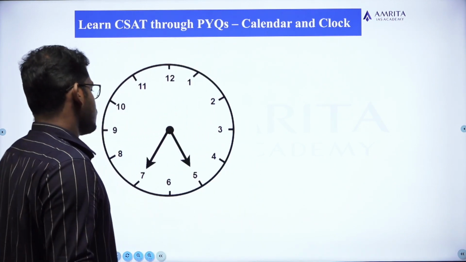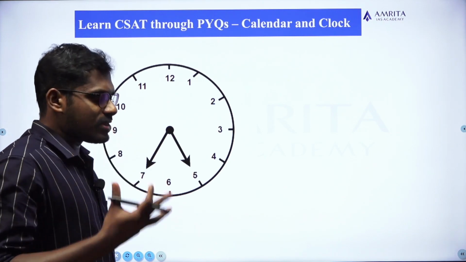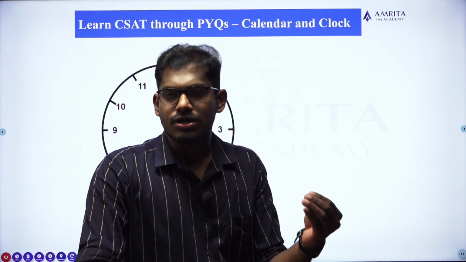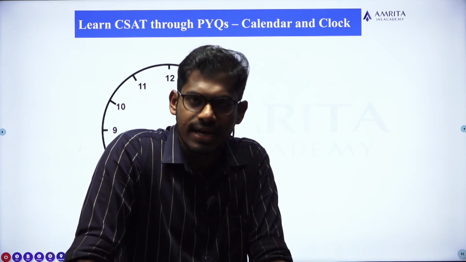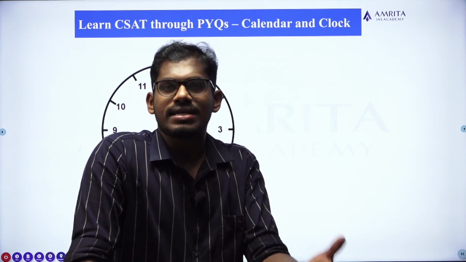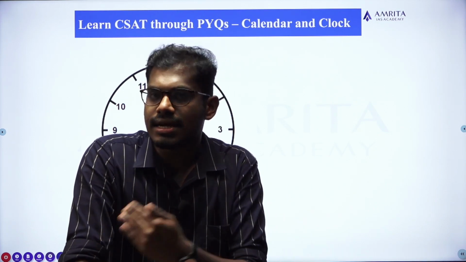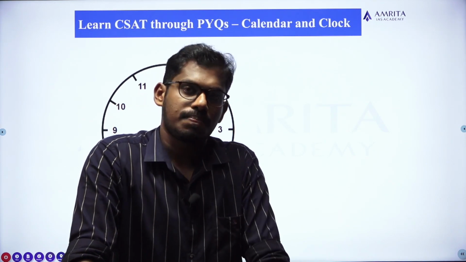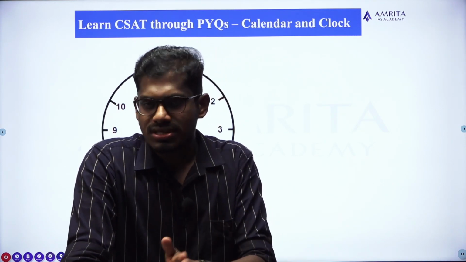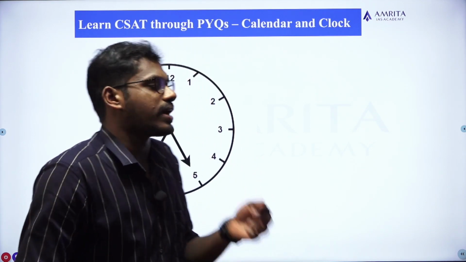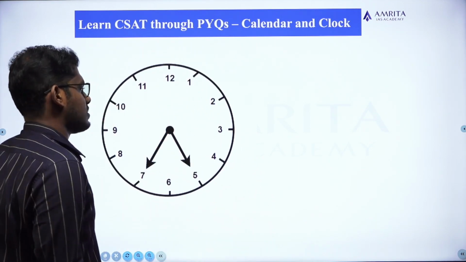Usually questions were asked like finding the angle between an hour and a minute hand, or finding the time at which the hour and minute hand make an angle of 180 degree, 90 degree or 0 degree, etc. In order to solve such questions, we have to understand certain basic concepts. Let's see what they are.